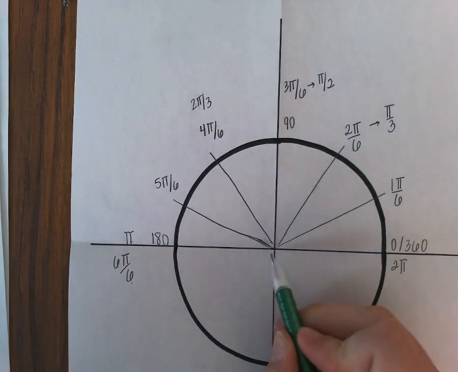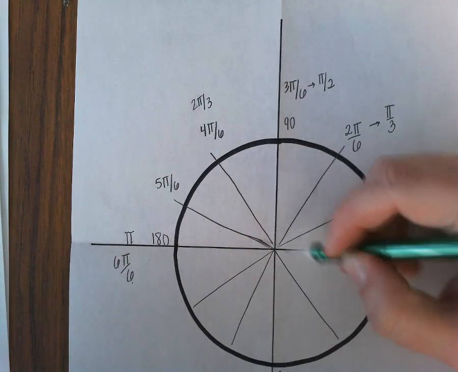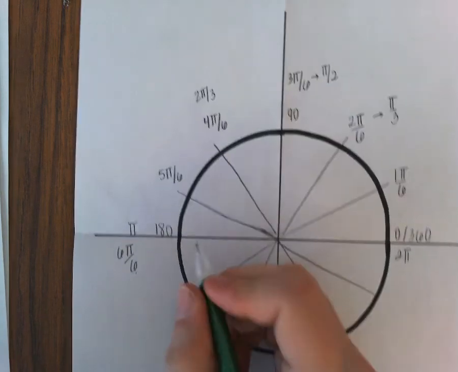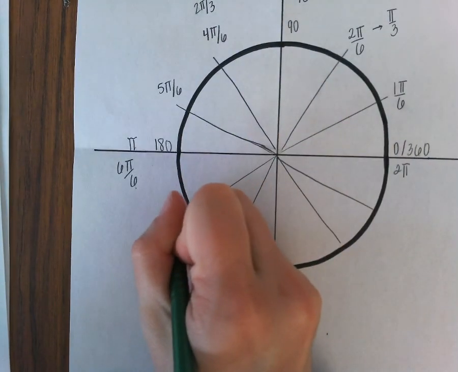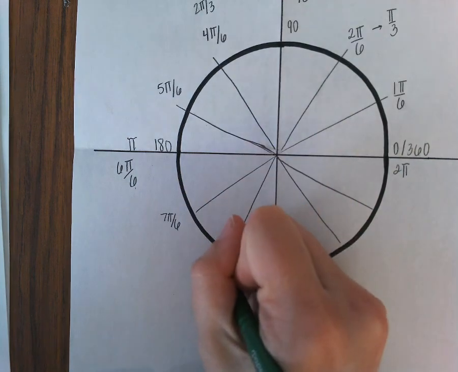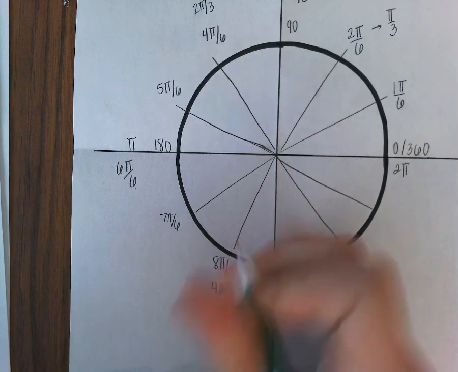And I can keep going, so I could divide down here again into thirds, and I could keep going. This was 6/6, this would be 7/6, this would be 8/6, which is the same as 4/3.